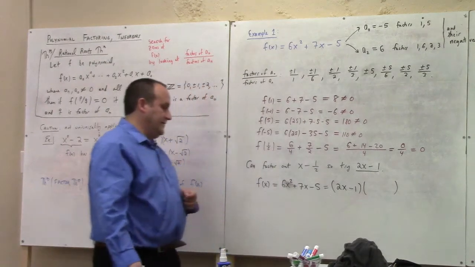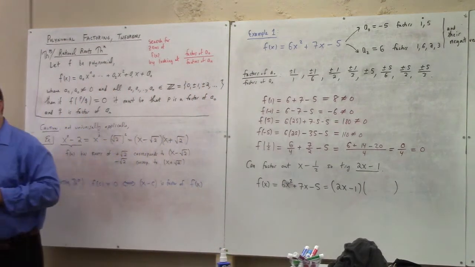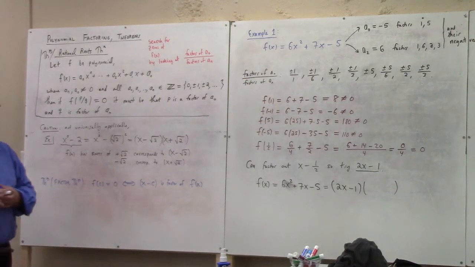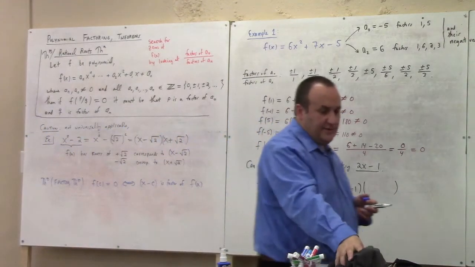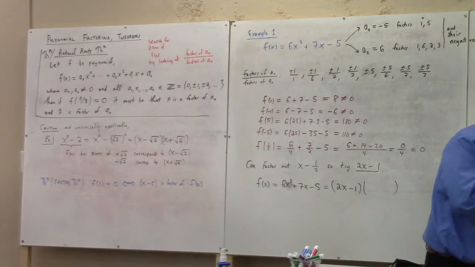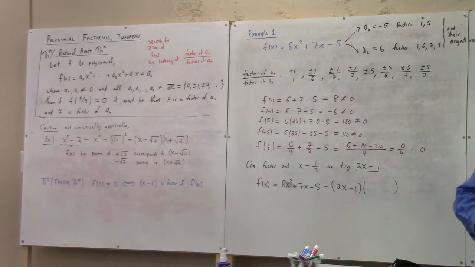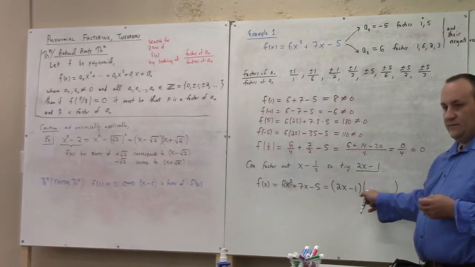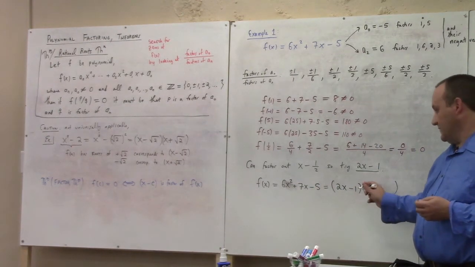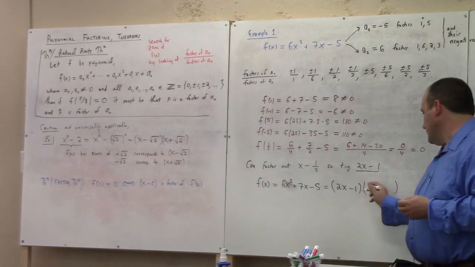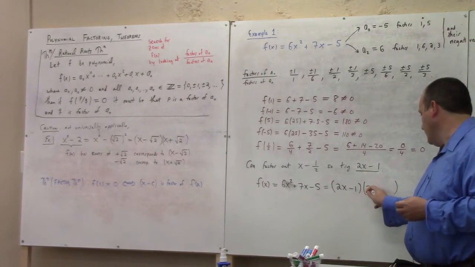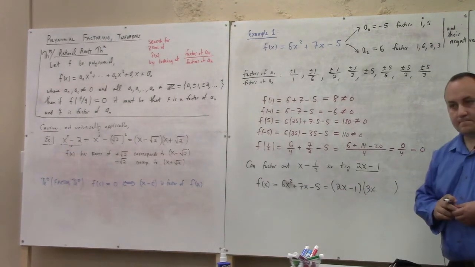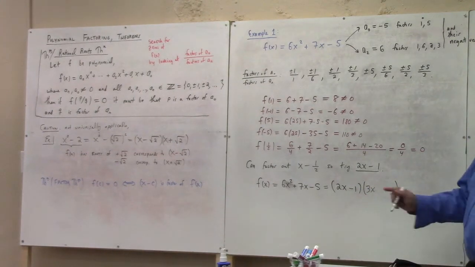And what is that something? If we got a 2x in the first factor, what do we have to have in the other one in order to get 6x squared? What we have to put here is what? 3x, right? We have to put a 3x there. We're forced to do that once we put that 2x there. And so what has to go over here?